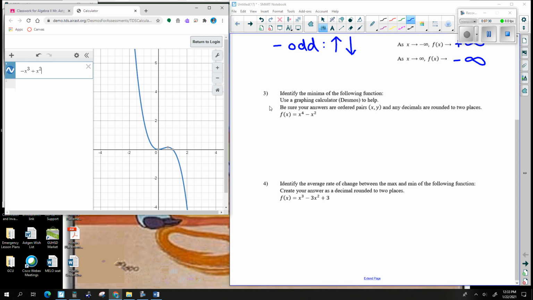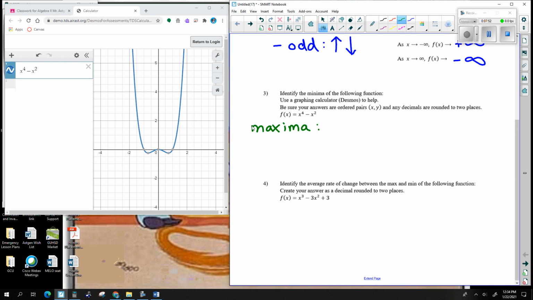Identifying the minima. It says use your Desmos calculator. So they just straight up want you to use your calculator. So we begin by typing this into our calculator. All right, and so minima, maxima, let's start with maxima. It's a plural of maximum.